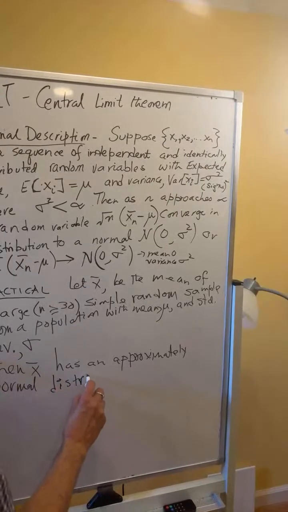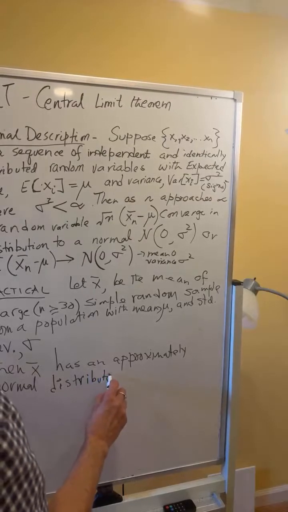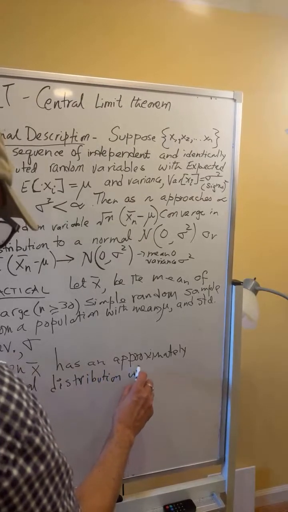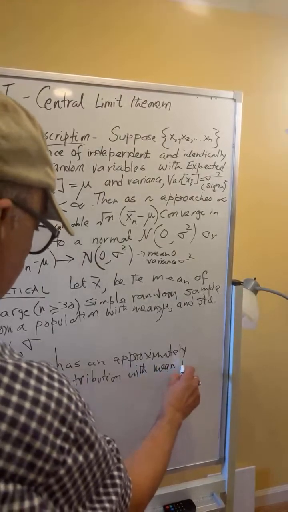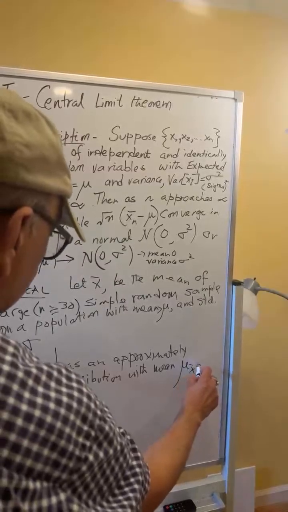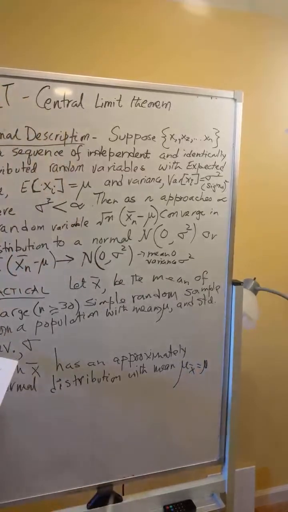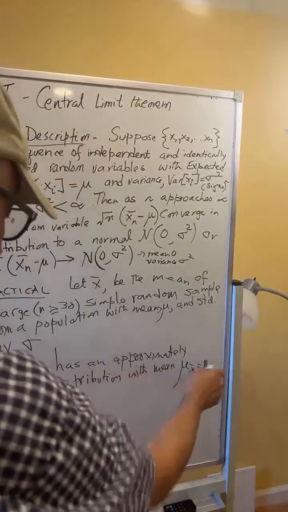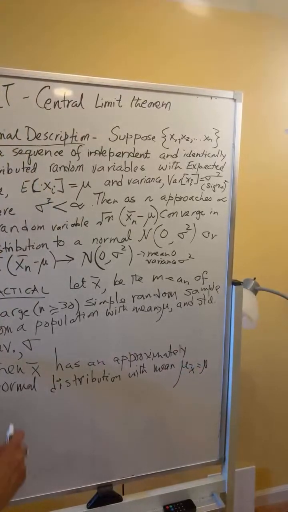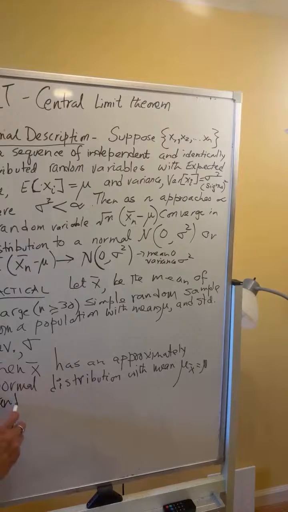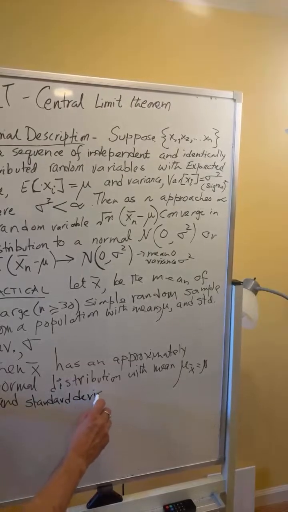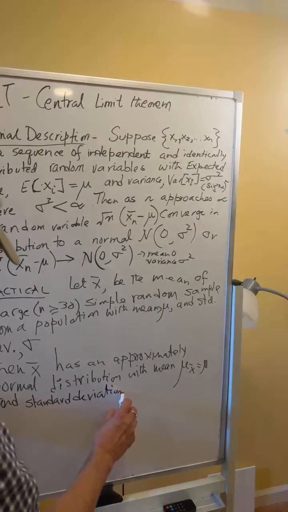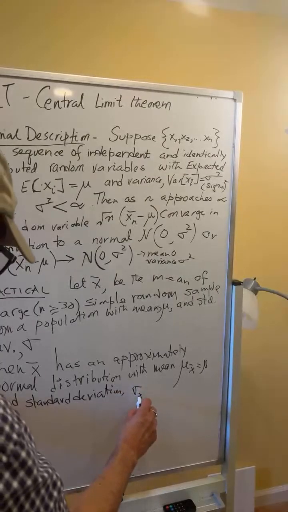That means a bell-shaped distribution with mean mu x bar equal to mu, that is the mean of the sampling distribution is equal to the population mean, and standard deviation which is given by sigma x bar.